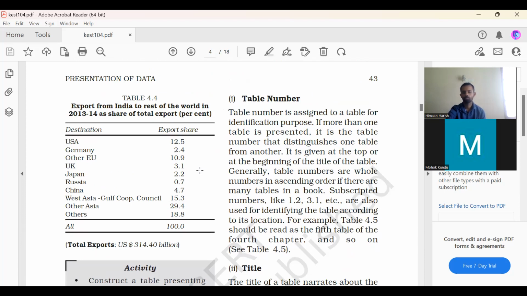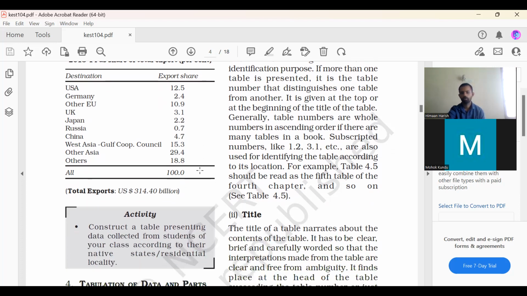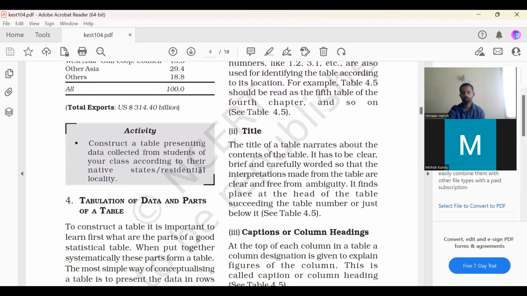subscripted numbers like 1.2, 3.1, etc. are also used for identifying the table according to its location. For example, table 4.5 should be read as the fifth table of the fourth chapter, and so on. See table 4.5. The title is the next part of the tabulation of data and parts of tables.